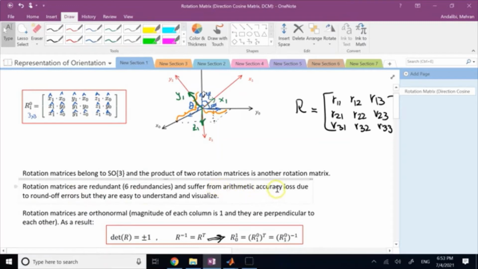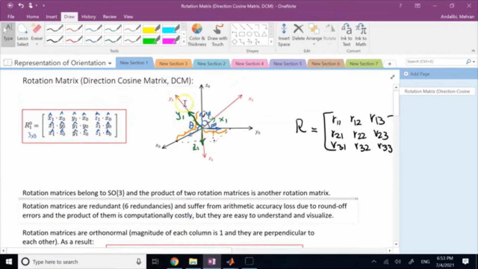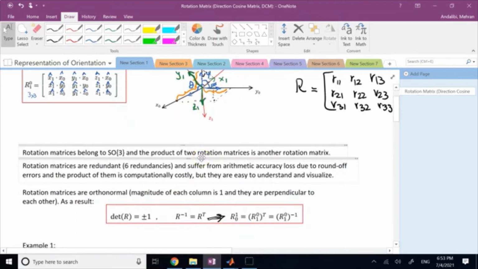They suffer from arithmetic accuracy loss due to round-off errors, and the product of them is computationally costly. Okay, because you have to do lots of basic operations to make it happen. But the good thing about them, as you saw, is they are quite easy to understand. They are easy to visualize. Okay, so hopefully I could make my point understood about the pros and cons of a rotation matrix.